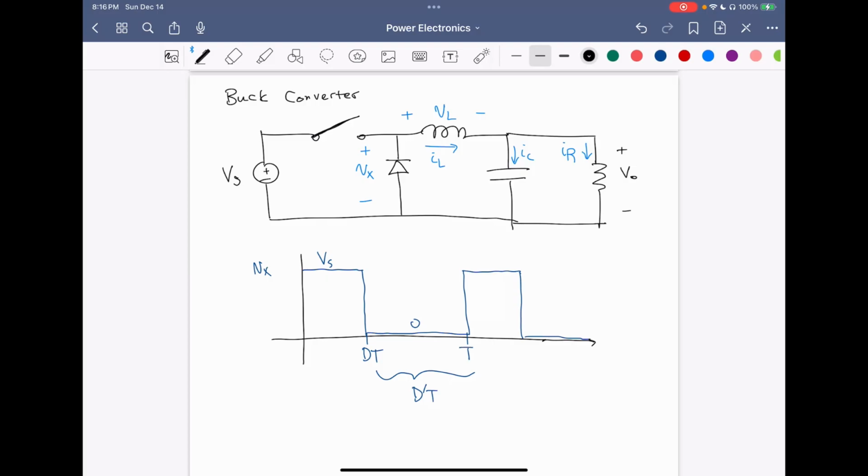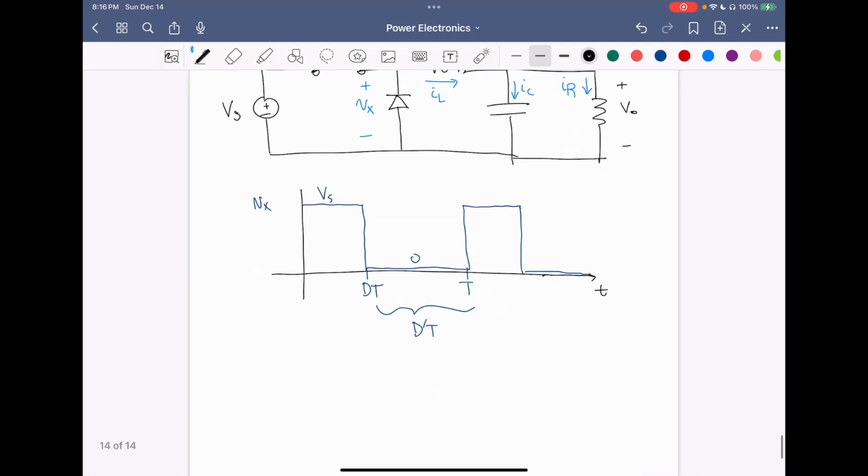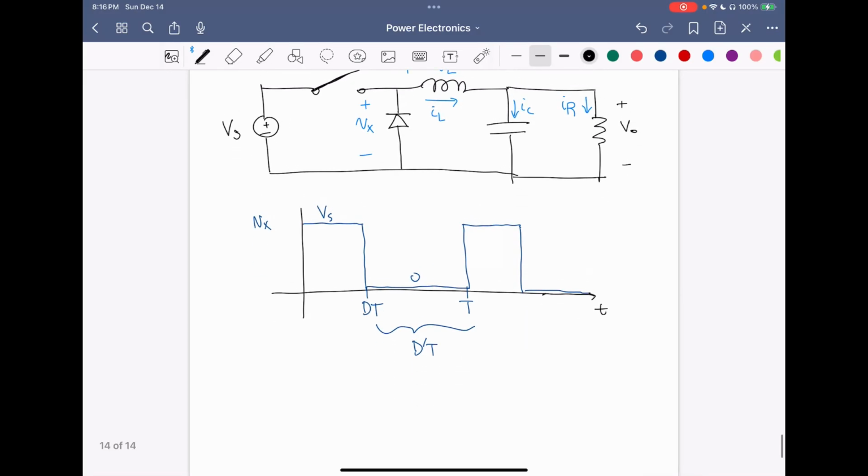This is our time axis. And essentially what we have here is, as we analyzed before, an average DC value of Vs times the duty cycle D. And D is the fraction of the period in which the switch is turned on.